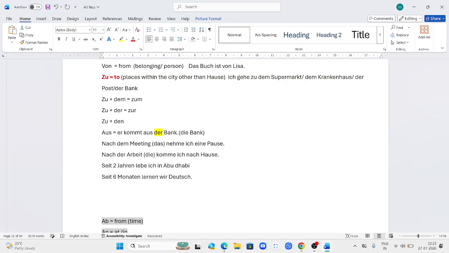Because Wafa is a proper noun, you don't have an article. If you want to say the book belongs to the library: Das Buch ist von der Bibliothek, because Bibliothek is die Bibliothek.